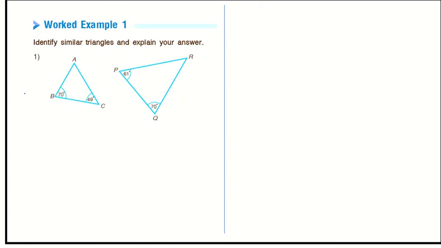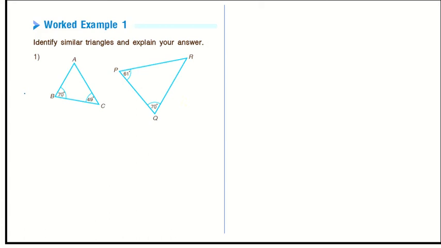Now for this case, we only have angles. We do not have the sides. So we are going to follow the principle that two triangles are similar if the corresponding angles are equal.